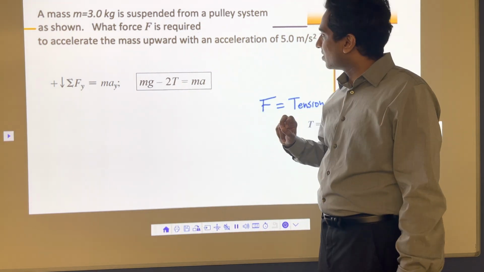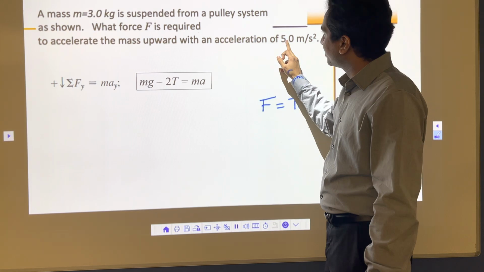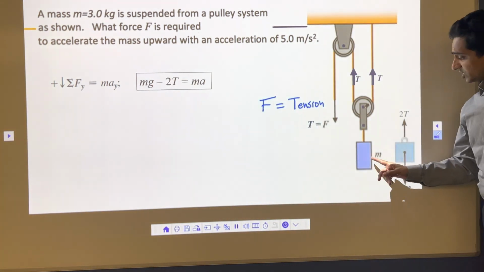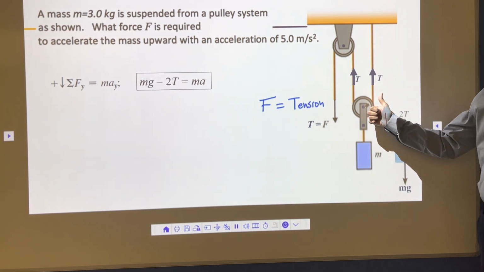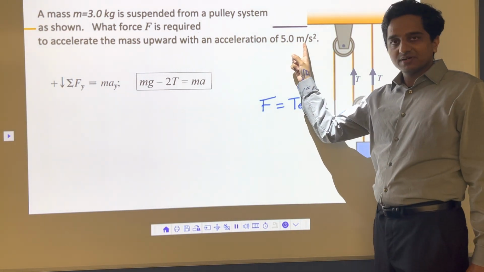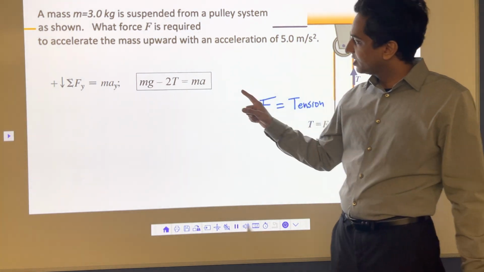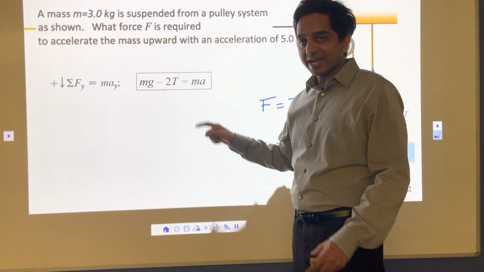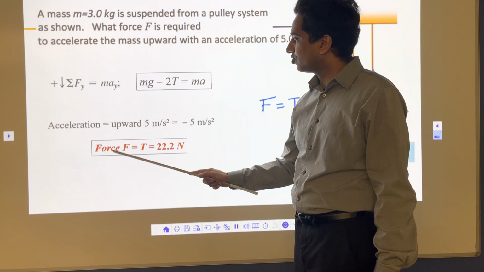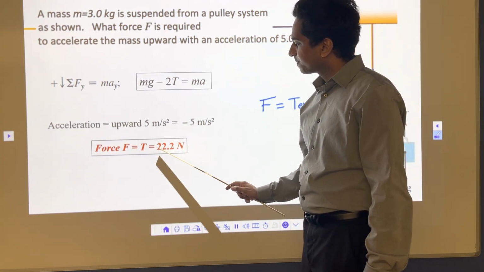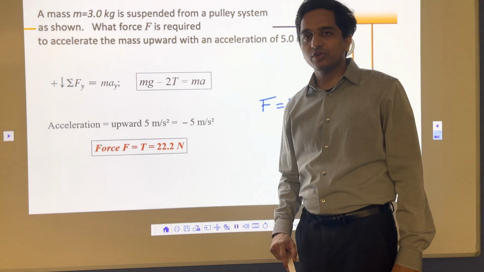One thing you have to keep in mind, the acceleration 5 meter is moving upward. This block is moving upward. It means that this 5 meter is minus 5 meter. It means this a is minus. So you have to put here acceleration is minus 5. And if you put minus 5, you will get answer as 22.2 Newton.